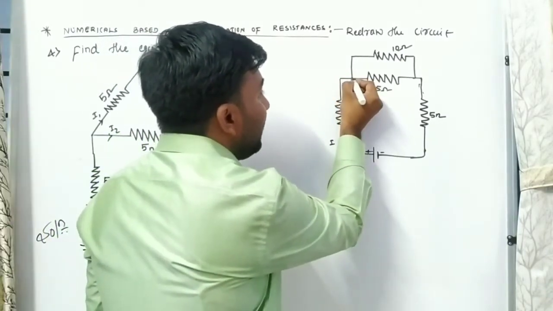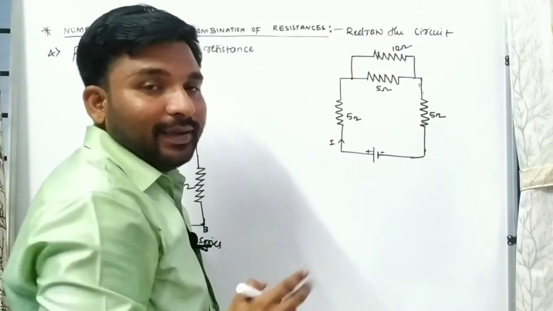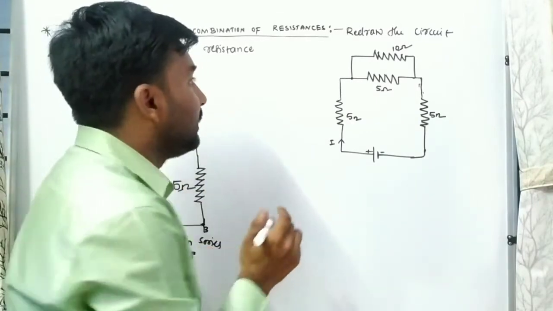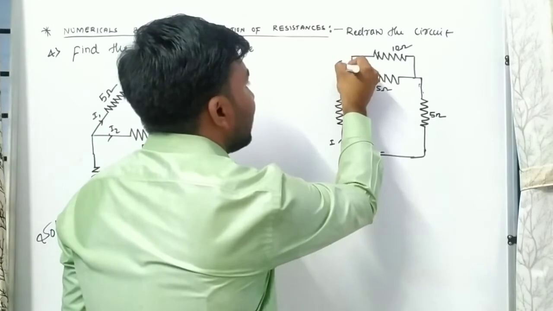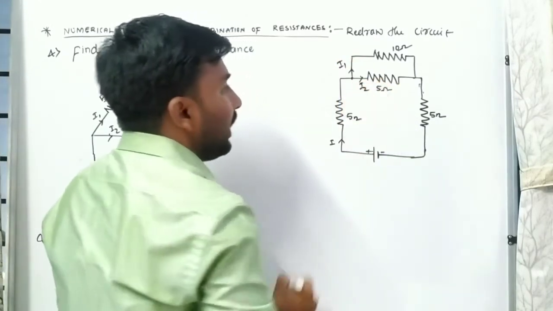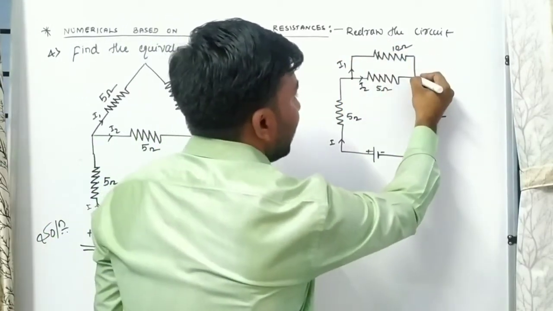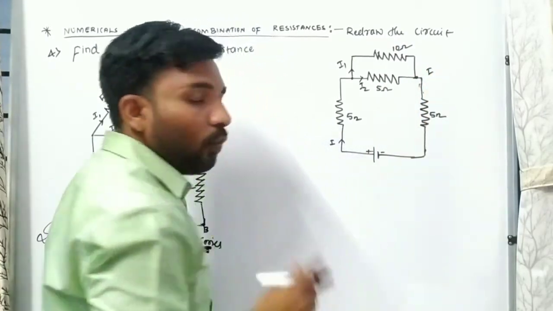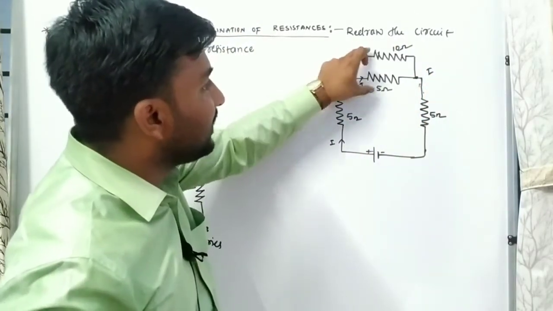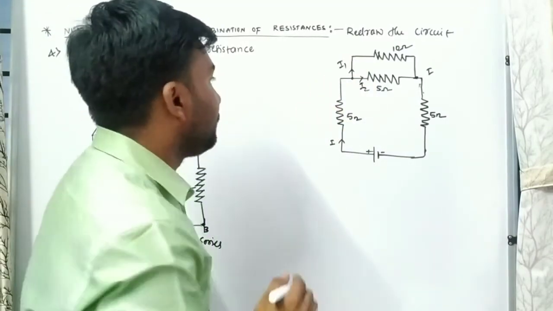When it reaches this one point, it has 2 paths. Let's suppose that the current is I1 and here is I2. And again, when it reaches the point here, this will be again I, which means these two resistors are in parallel.